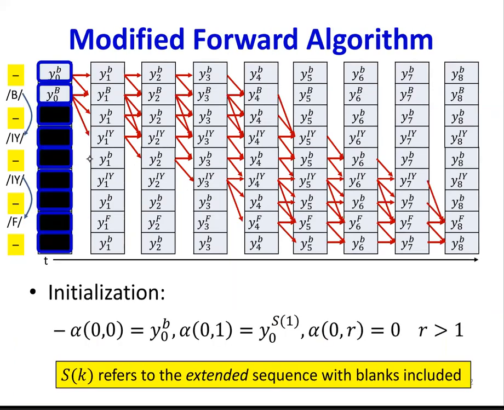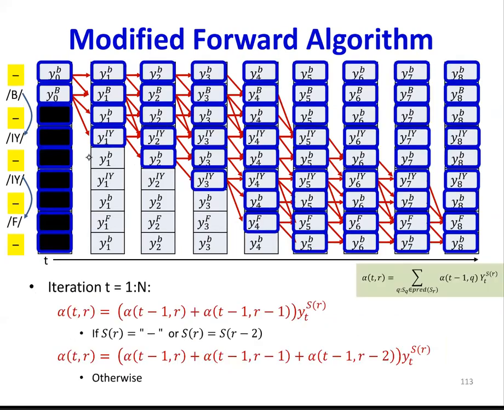And so we're going to modify our forward algorithm to work off this graph. I actually won't go through the forward algorithm, but basically it's the same algorithm as before. The alpha for any node is going to be the probability of that node multiplied by the sum of the alphas for all of its parents.